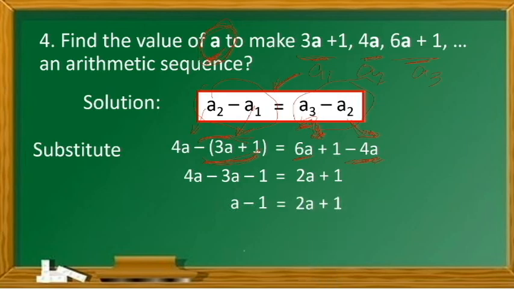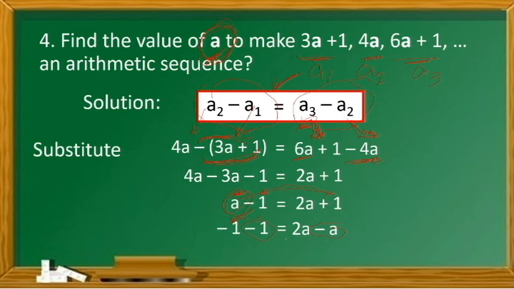So let's now transpose or solve for A. We transpose positive 1 to the left side, so we have negative 1. That is equal to 2A minus A. We also transpose positive A to the right side, so this becomes negative A. I hope you can follow.